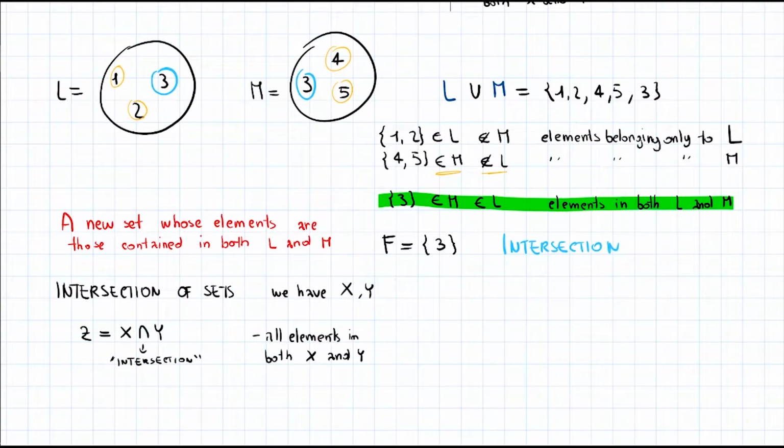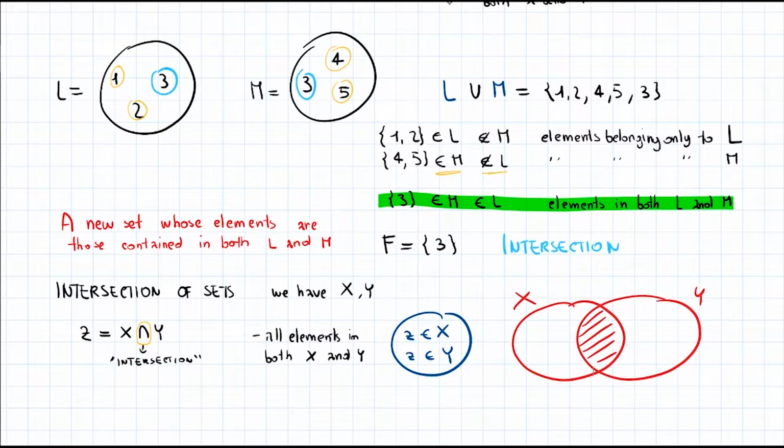In general, if we have X and Y, the new set Z, which is equal to X intersection Y, where the symbol is called intersection, is the set whose elements are all the elements in both X and Y. Meaning that for a generic element z, this must be included in X, and also z must be included in Y, and both these conditions must be satisfied.